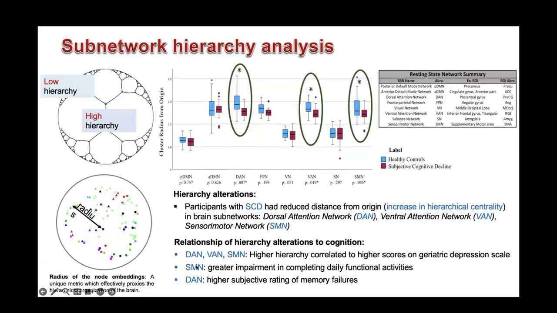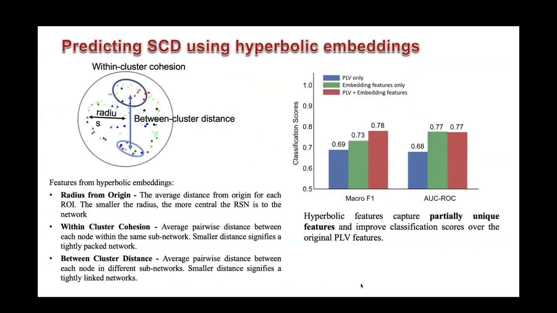The sensorimotor network also has greater impairment in completing daily functional activities, and dorsal attention has a higher subjective rating of memory failures. So these are very important for studying SCD prediction.